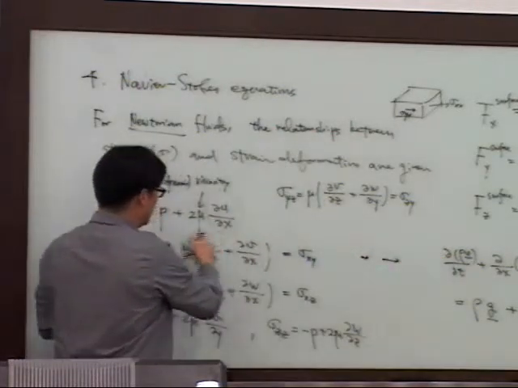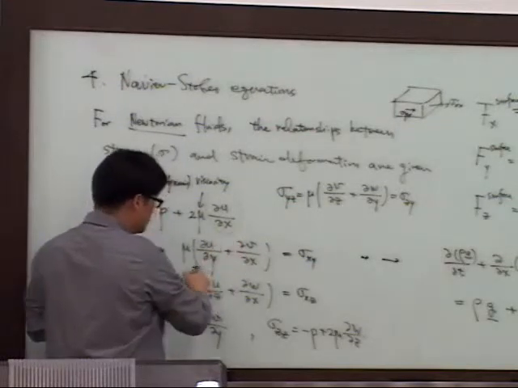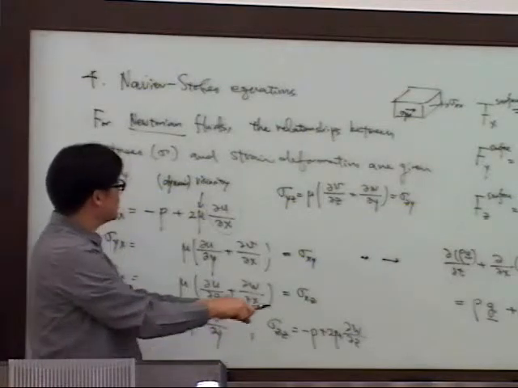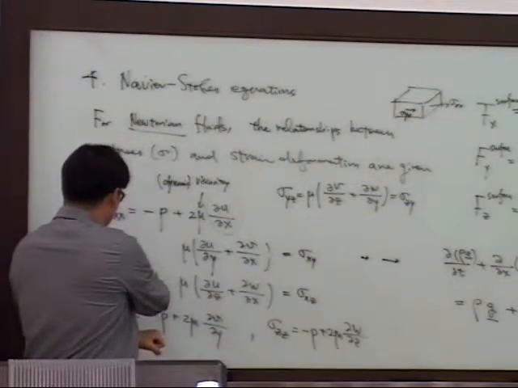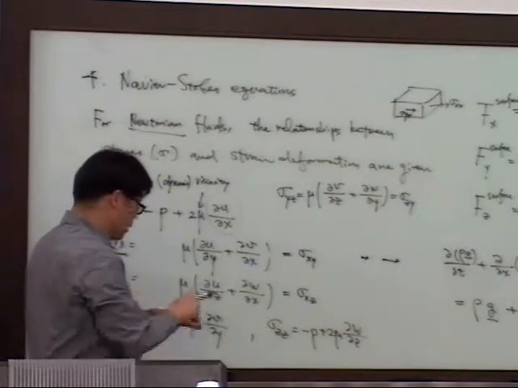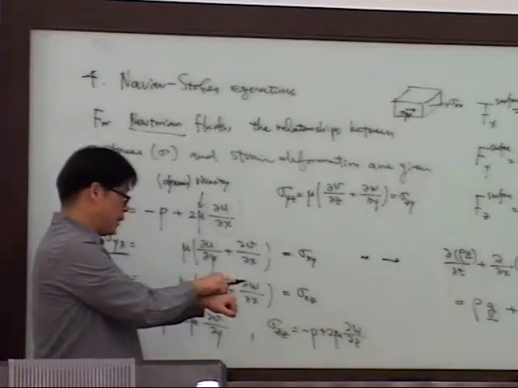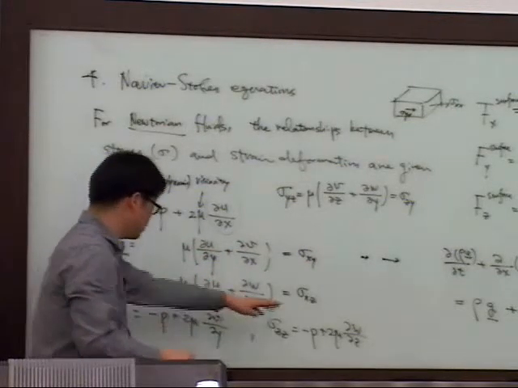That's the force that you need to stretch. And this is a force for the relative motion, in this case like this. So in this case, top and bottom and in this way, that's the force that you need.